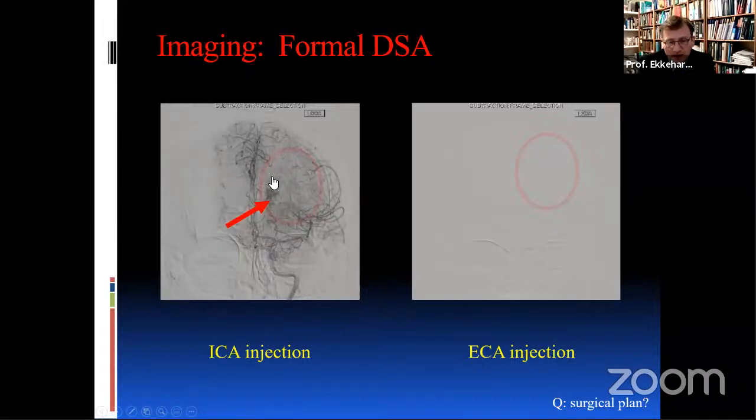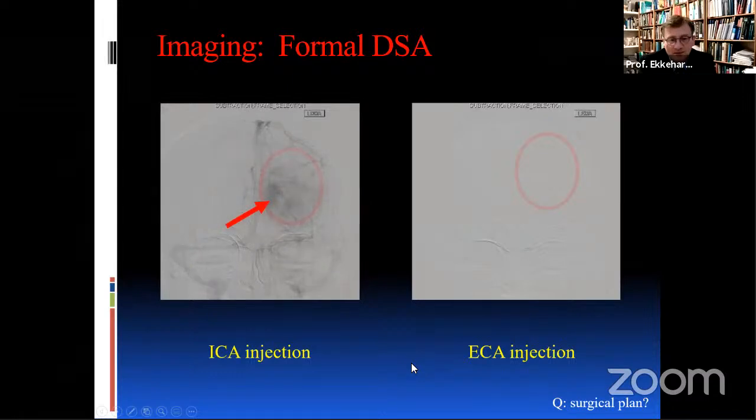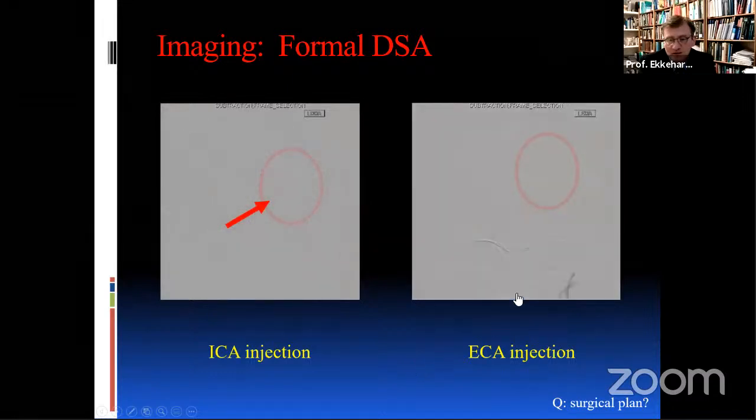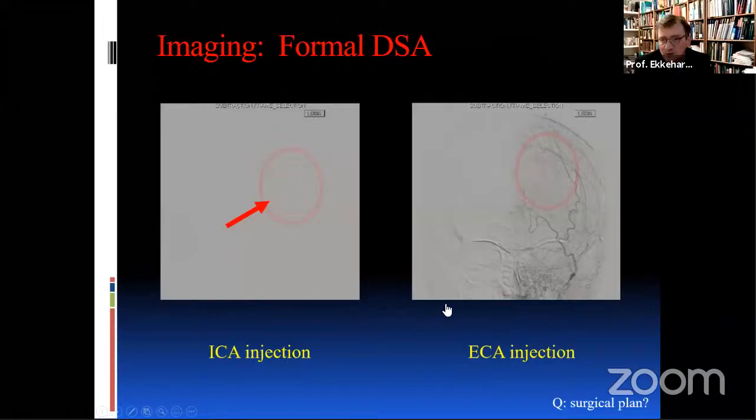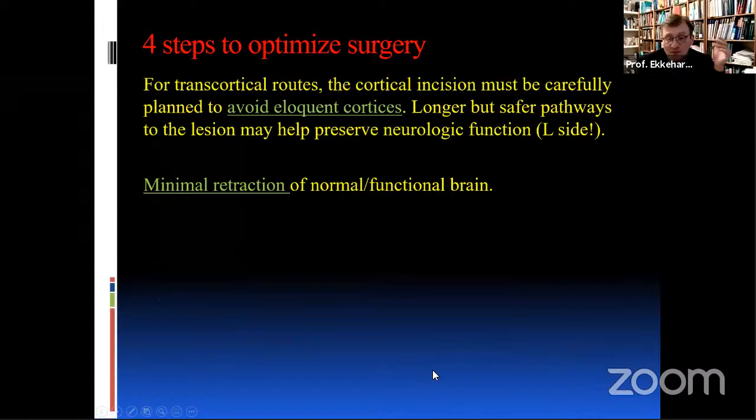There's very little happening except the big blush medially with maybe the attachment to the choroid plexus. So I said, okay, I need to study this further. The ECA injection really didn't show us much. You see that there are no collaterals feeding this from the outside. I was just worried about this because I wasn't sure what the malformation would look like. So what is my surgical plan? Well, I think there are 4 steps to optimize surgery.